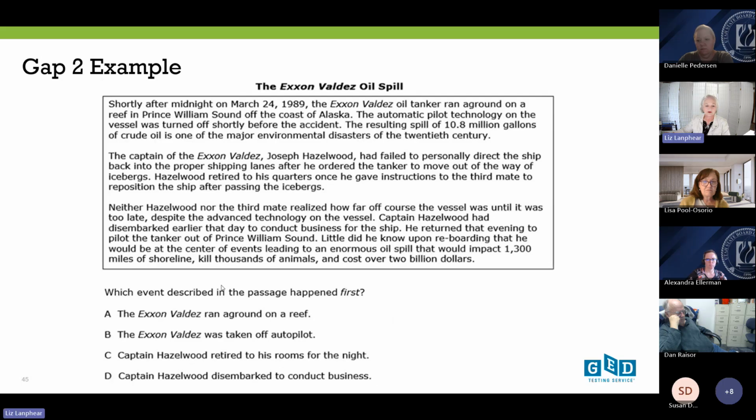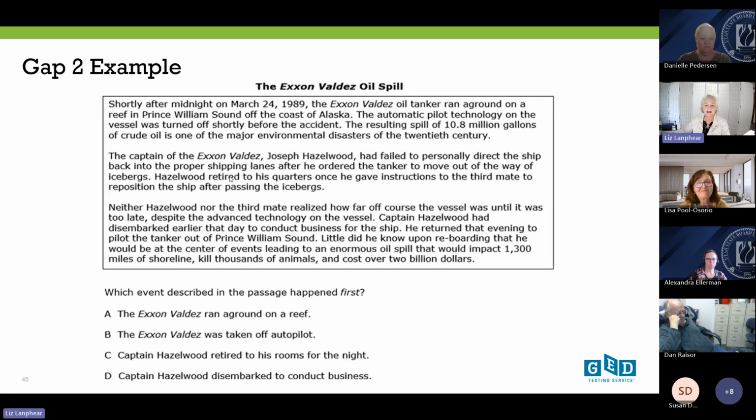So which event described in the passage happened first? The Exxon Valdez ran aground on a reef. That's what the first paragraph talks about.